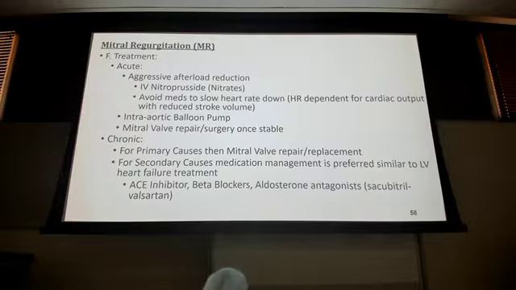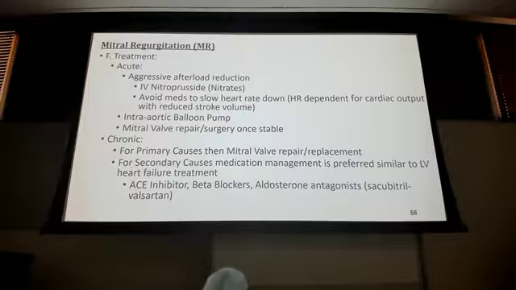If it's a chronic thing, remember chronic is more of a cardiac output problem. I need to do things to maintain function and encourage more of a forward flow or more of a cardiac output versus a regurgitant flow.